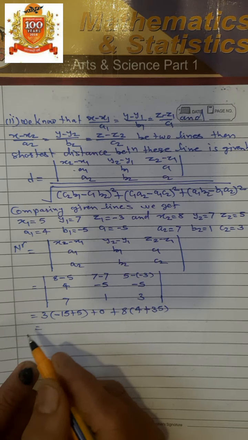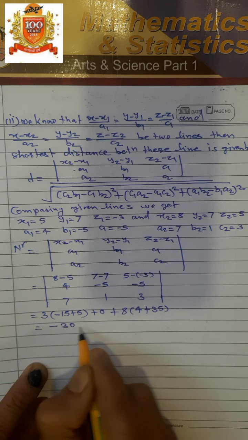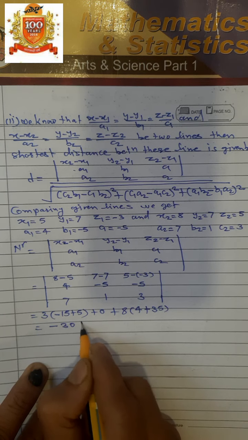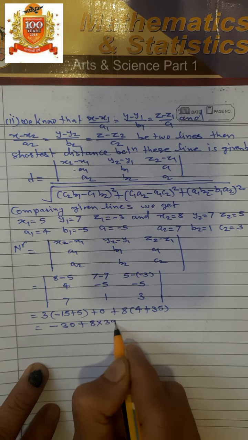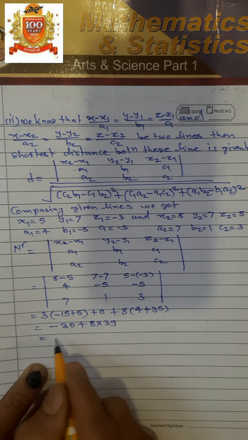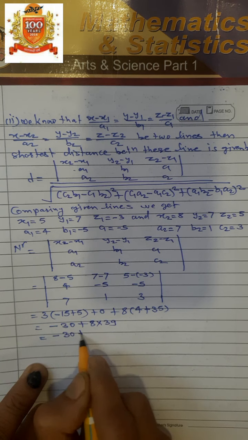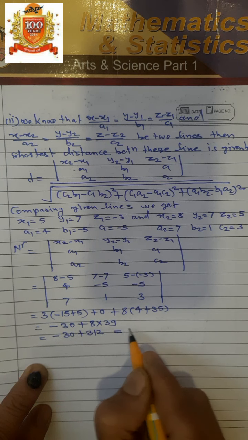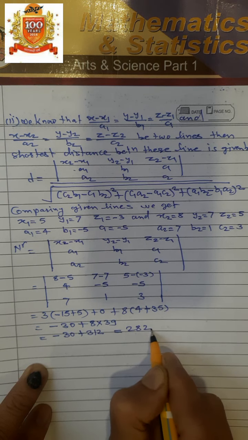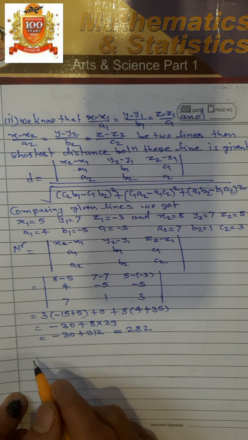That is equal to minus 30 plus 8 into 39, which is equal to minus 30 plus 312, which is equal to 282. Isn't it?